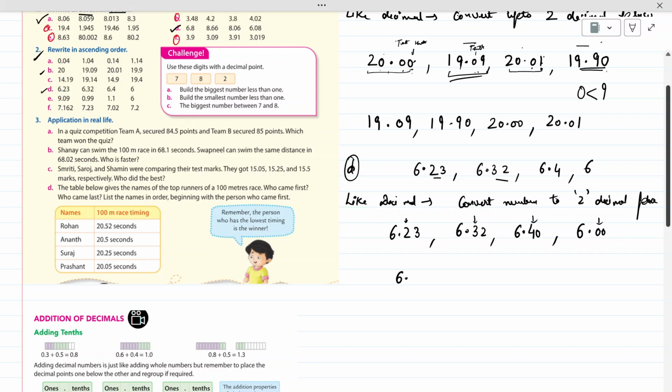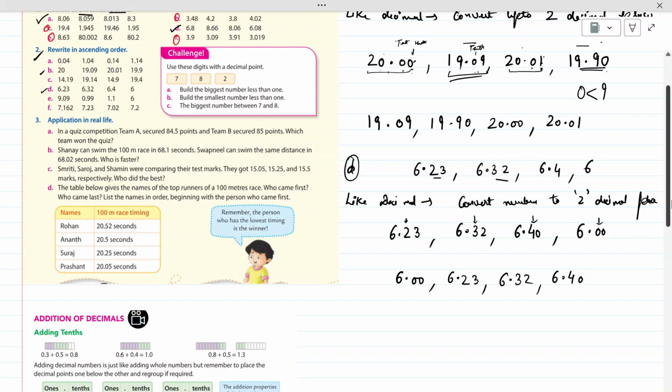And 0 is smallest among these. So the smallest number will be 6.00. After 0 we have 2, so this is 6.23. After 2 we have 3, so this is 6.32, and then we have 6.40. Pretty much easy. Okay, so this is how we have to arrange them.